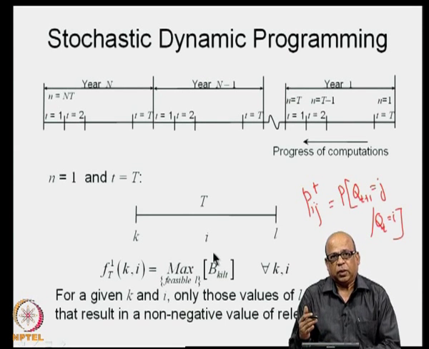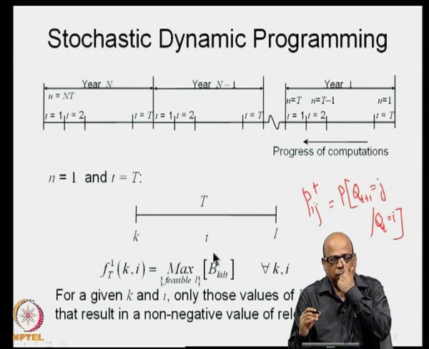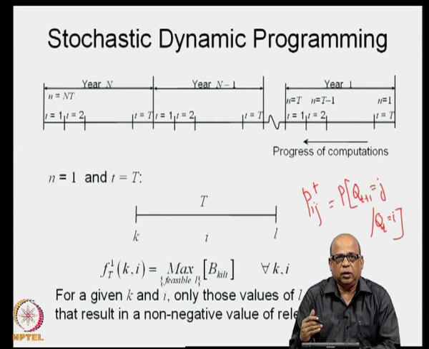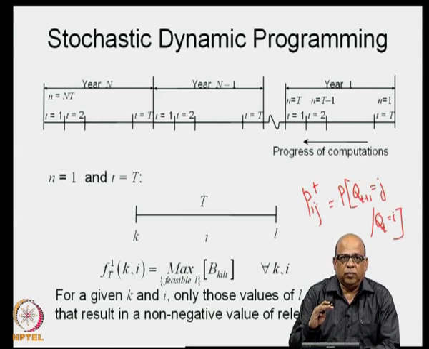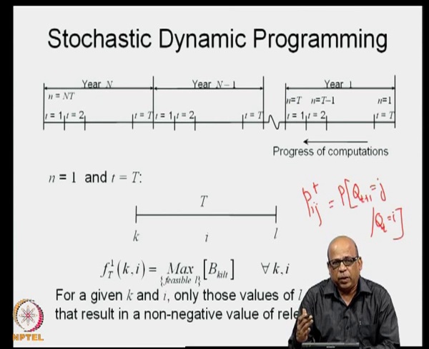For example, if you are looking at the hydropower optimization, you may want to maximize the expected value of the hydropower that is generated from the reservoir system. Then your system performance measure B(k,I,L,t) will perhaps be a function of the actual hydropower generated.